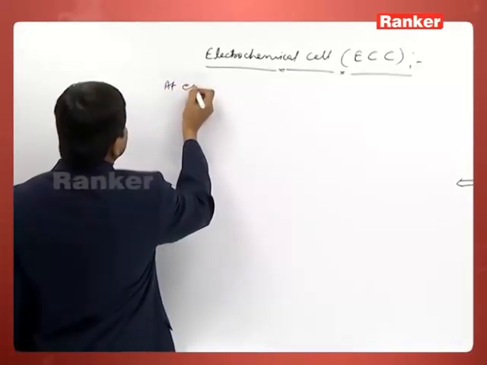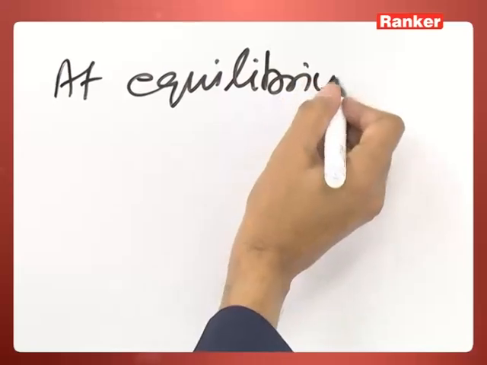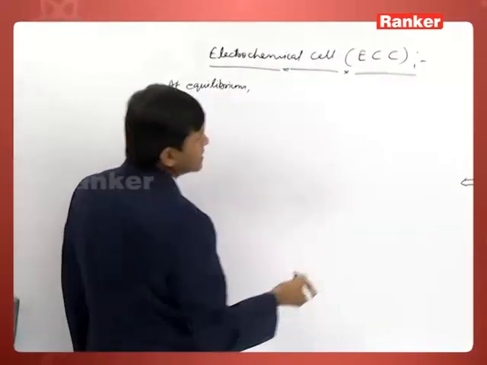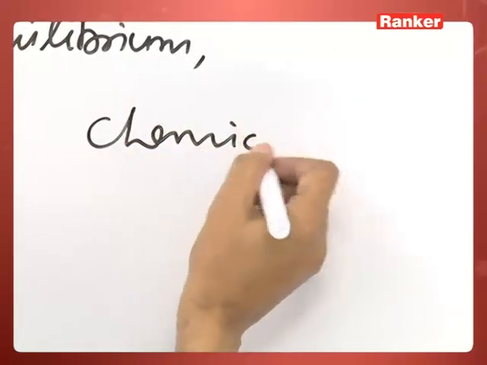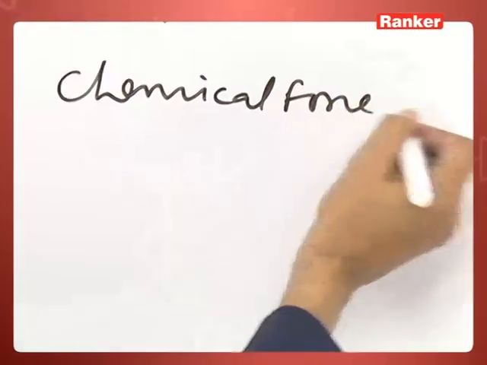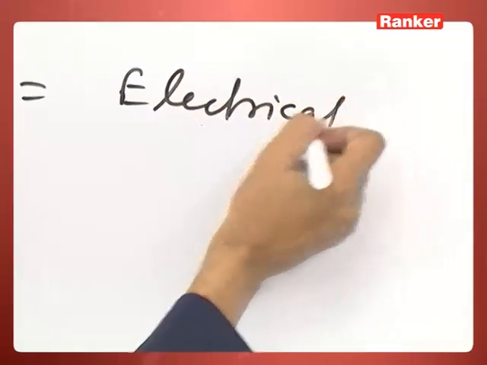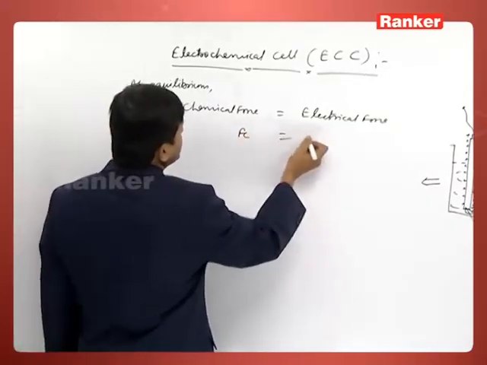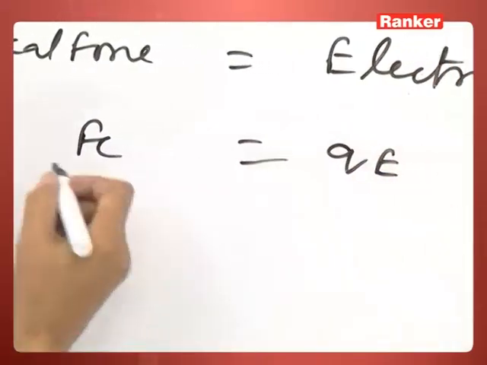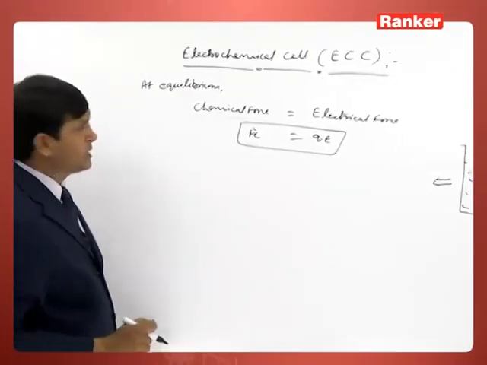At equilibrium, the chemical force is equal to the electrical force. So FC is equal to Q into E.